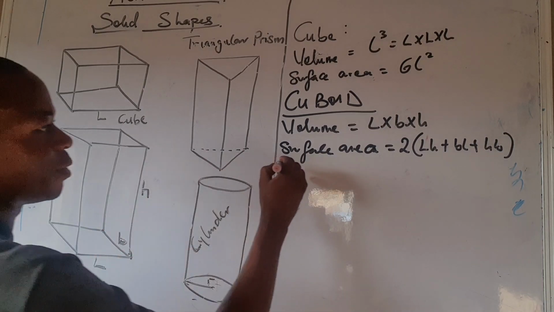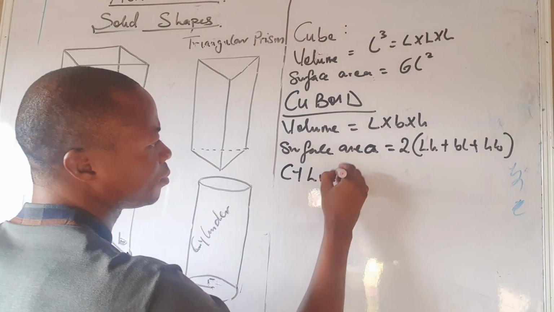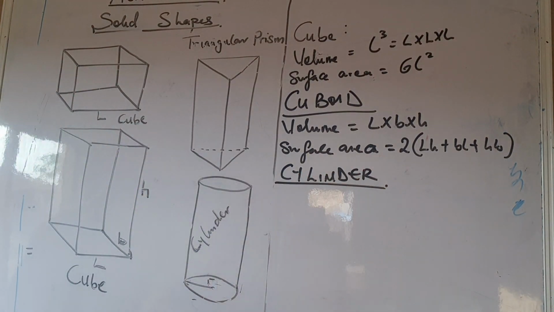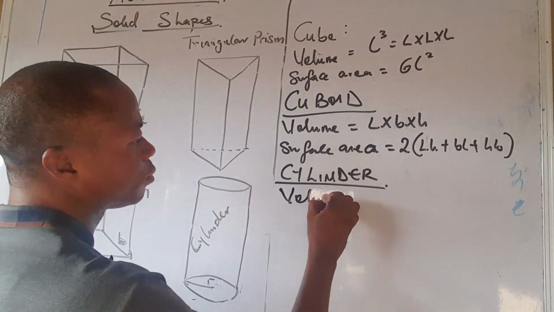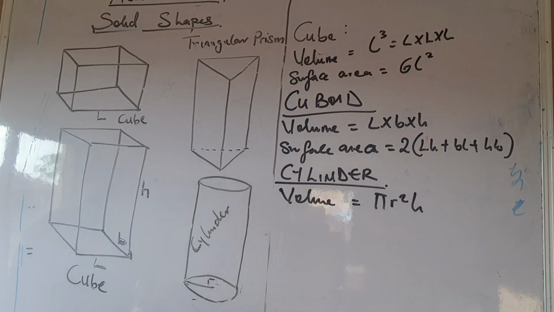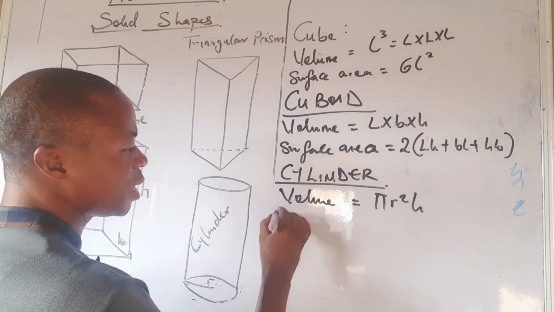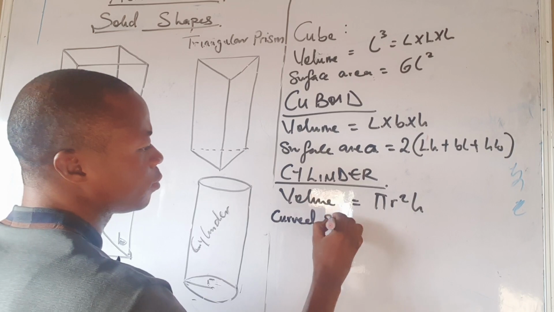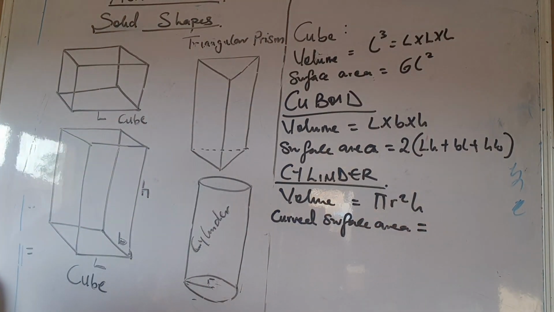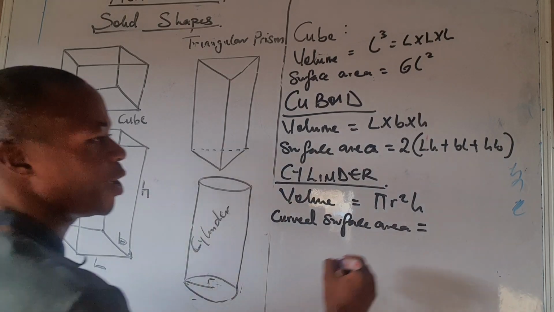On the cylinder, the volume is given as pi r squared h. The curved surface area of a cylinder is given as 2 pi r h.